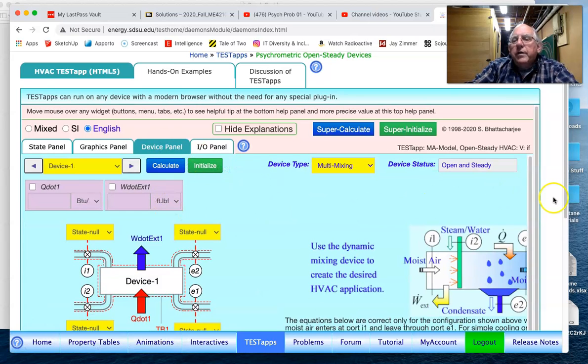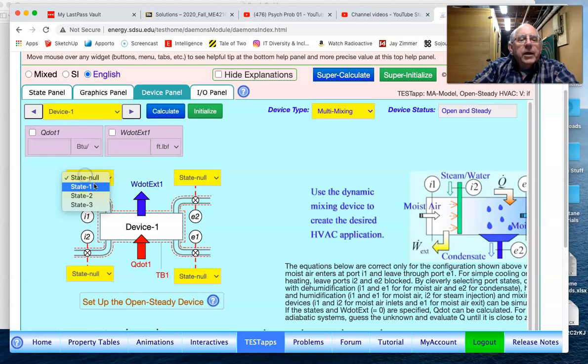On the device panel, we come in at state 1, which is moist air mixture. We leave at state 2, which is the moist air mixture, but we also are bringing in the liquid water at this particular point.